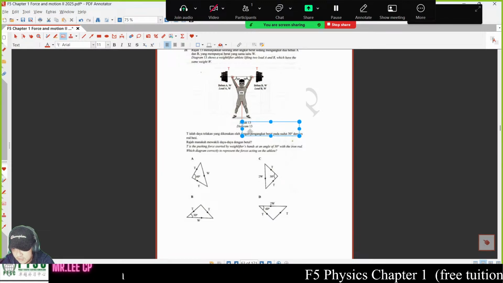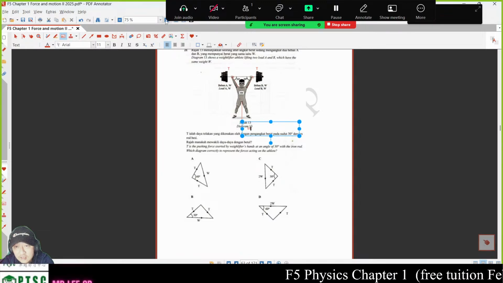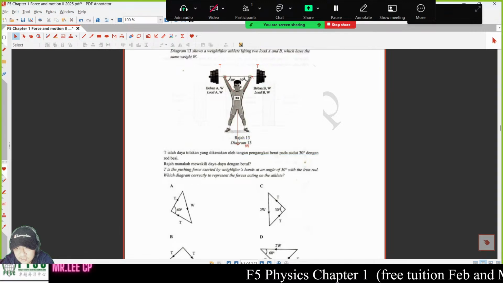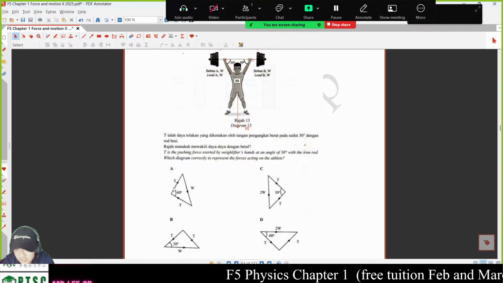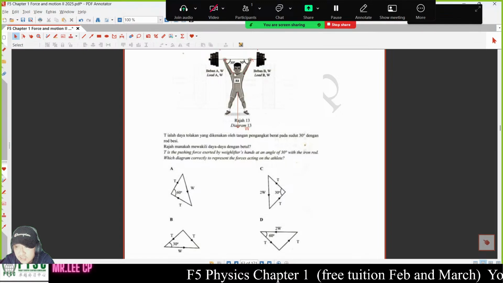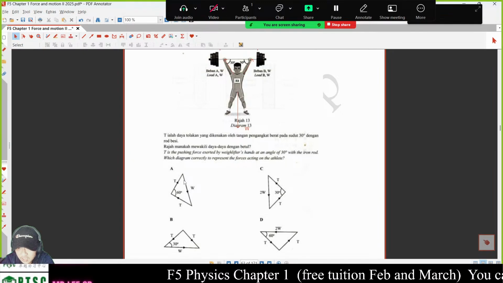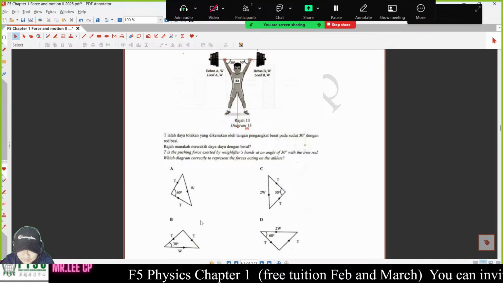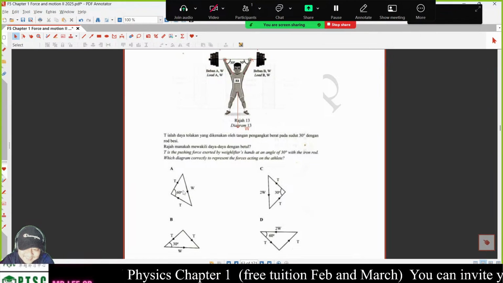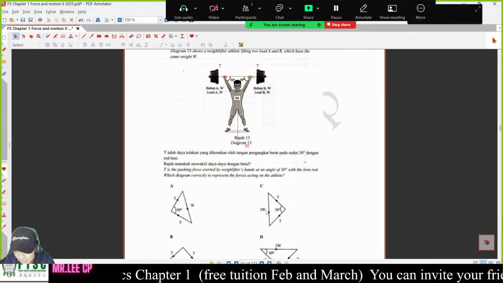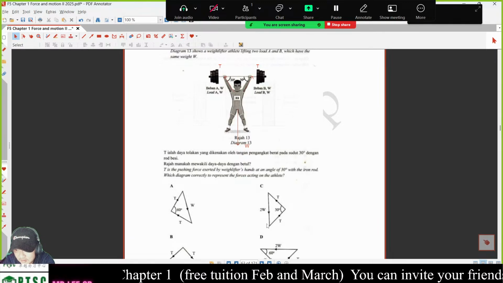So this is T, this is T. You see T in this direction, T in this direction, and then W going down. This one is quite okay, but it is a bit bent. The W should be going down. But this one is 2W.